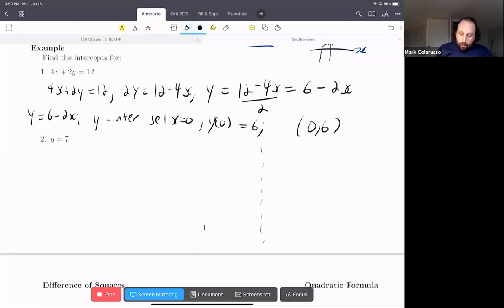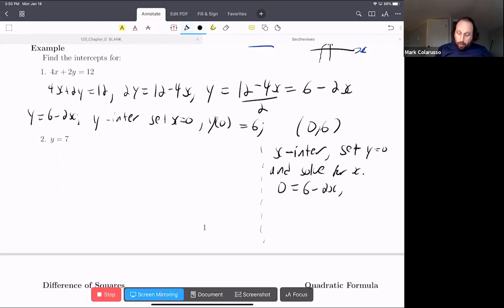Now for the x-intercept, we have to set y equal to 0 and solve for x. So if we do that, we get 0 equals 6 minus 2x.